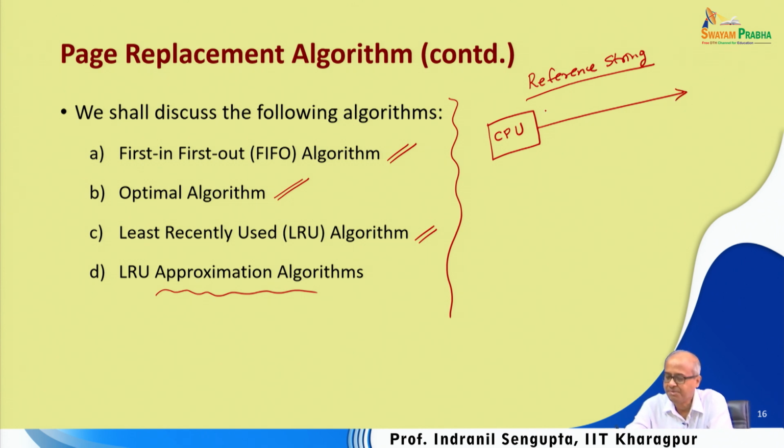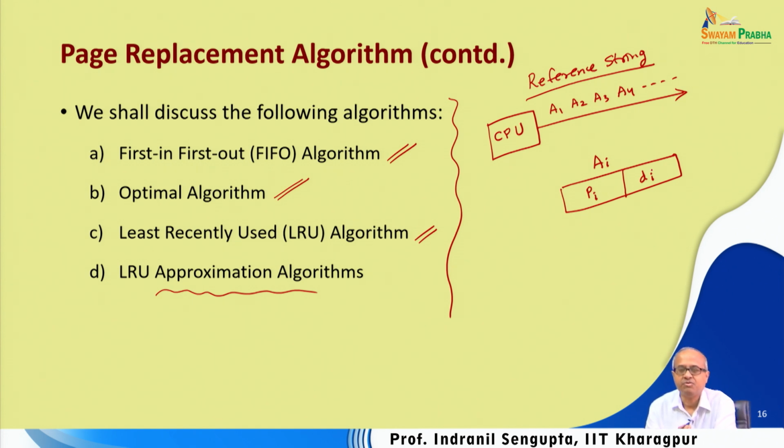Let us assume that the memory addresses the CPU is generating are A1, A2, A3, A4 and so on, a sequence of memory addresses. Now, each memory address, let us consider memory address Ai, will consist of two parts, as I have said earlier in paging. One part will be the page number, let us call it Pi, the other part is the offset, let us call it Di.